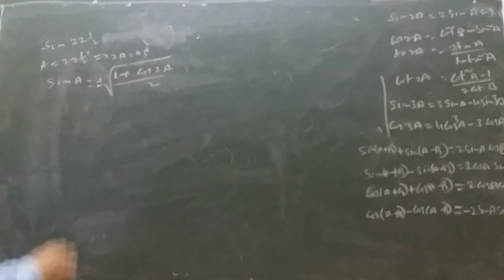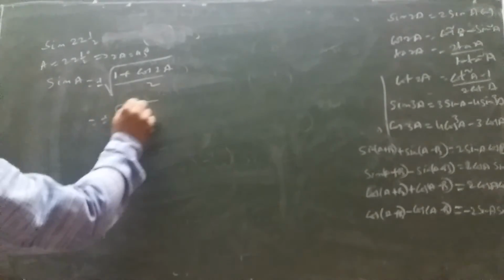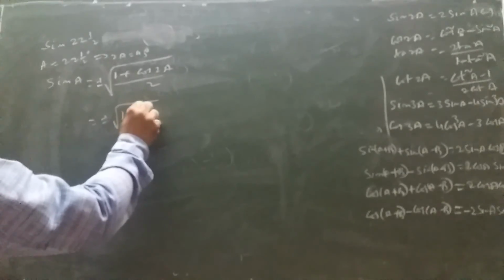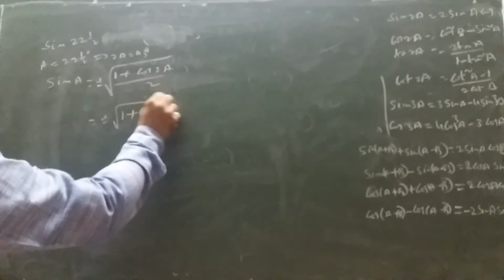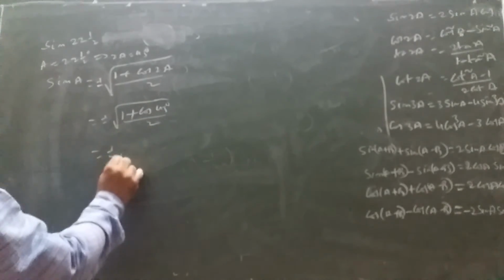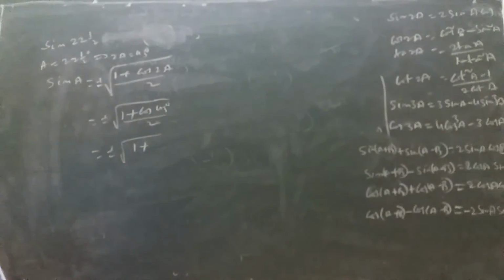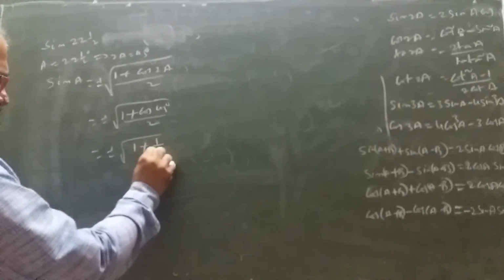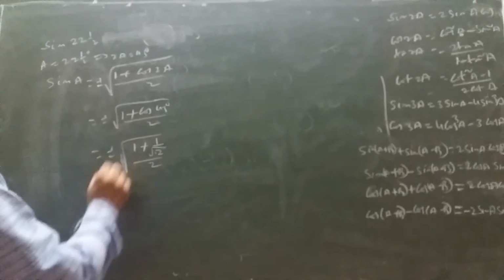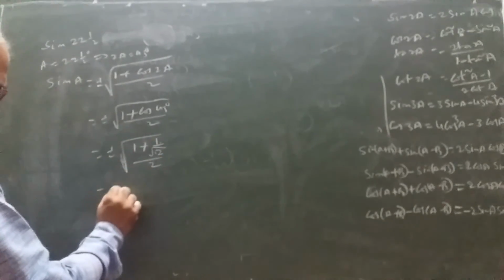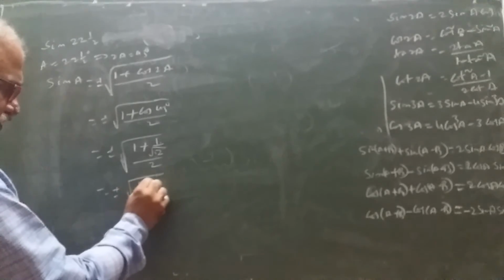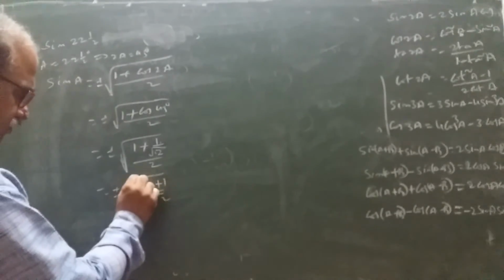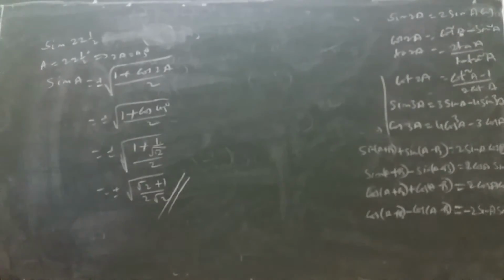Sin 22.5 is equal to plus or minus root of (1 minus cos 45) by 2, where cos 45 is 1 by root 2, that is equal to plus or minus root of (root 2 minus 1) by 2 root 2. This is the value of sin 22 and a half. In this way we can find other angles also.